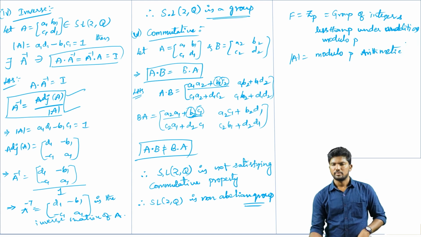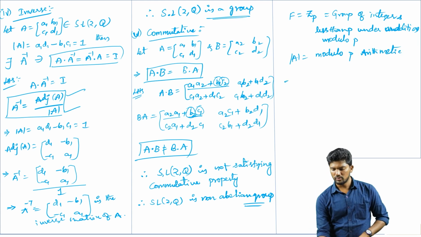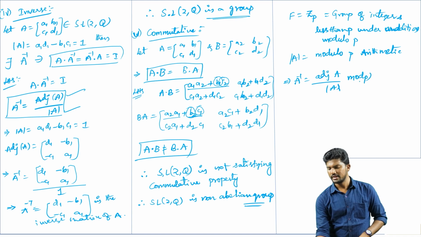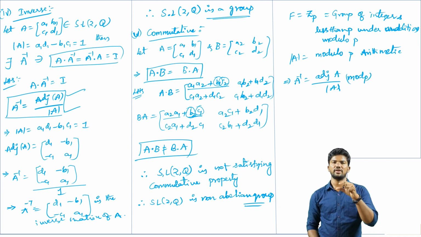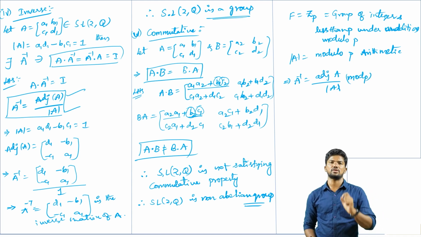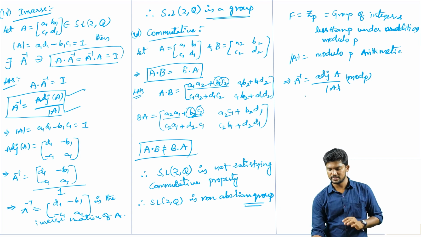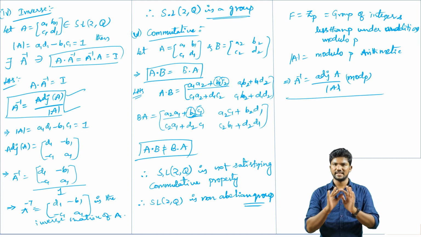When you find the A inverse, you have to write it in this format: adjoint of A by det A mod P. This mod P is the extra word whenever they ask for the field capital F equal to Z suffix P. So this is the formula. The rest of the process is the same.